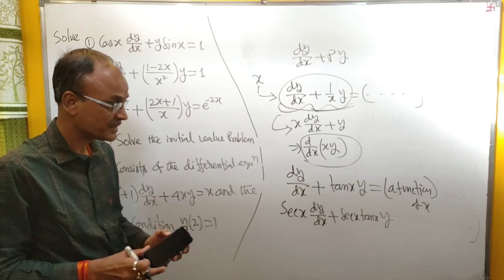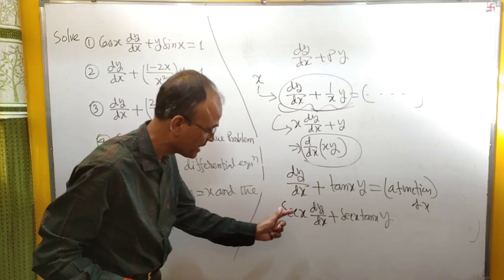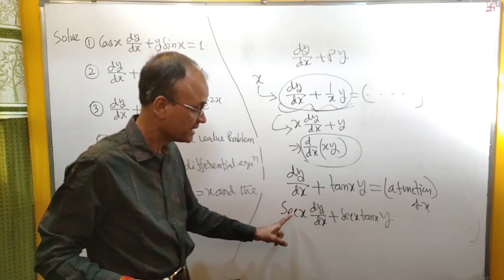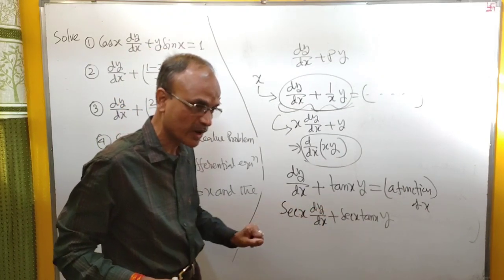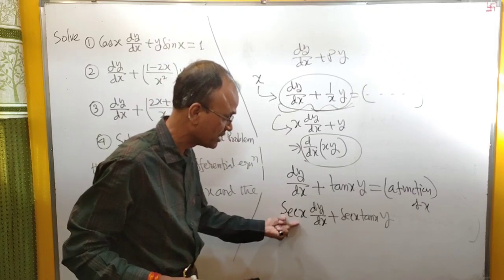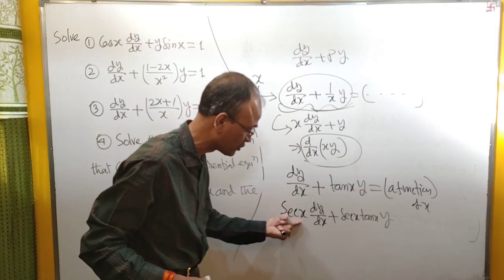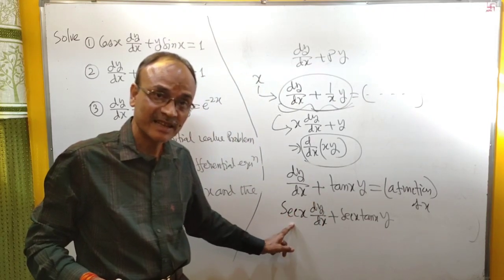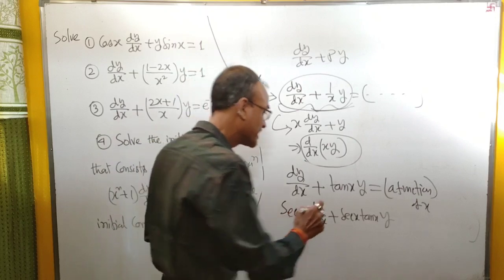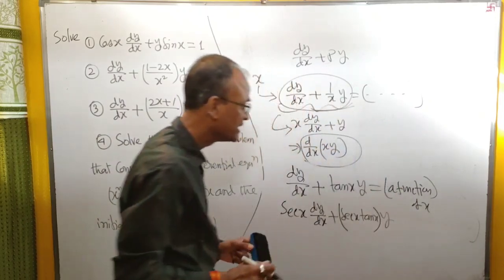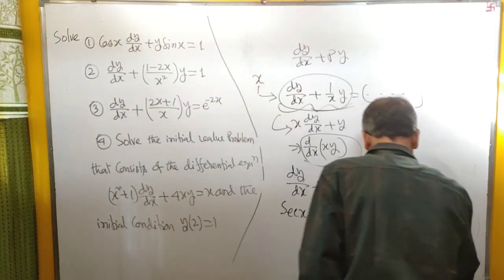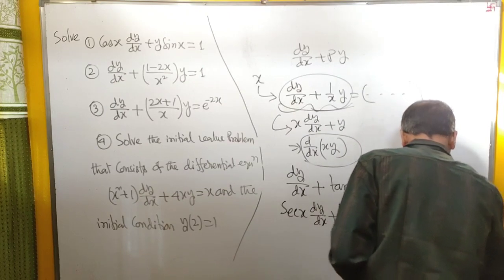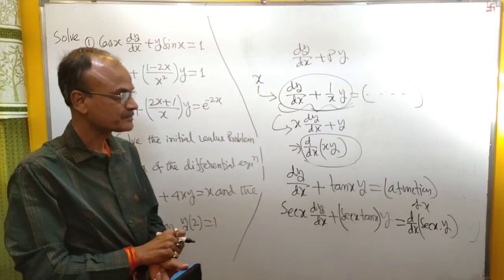Now see, first function sec x, second function y: first function into differentiation of the second function, plus second function into differentiation of the first function. If you differentiate sec x, you will get sec x into tan x. You may write it as d dx of sec x into y.